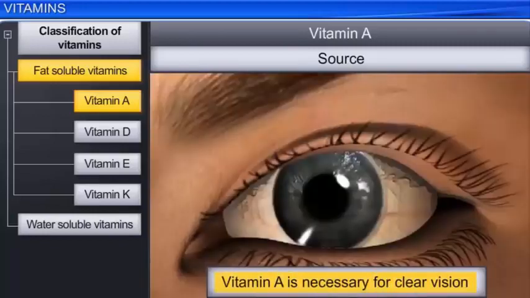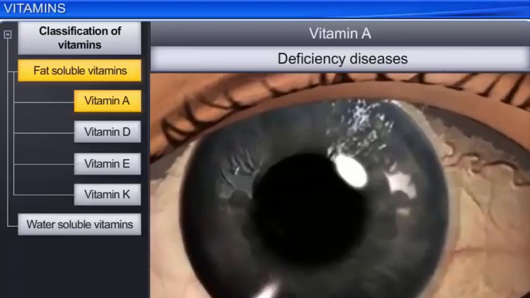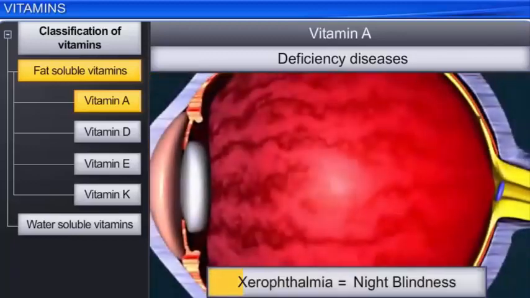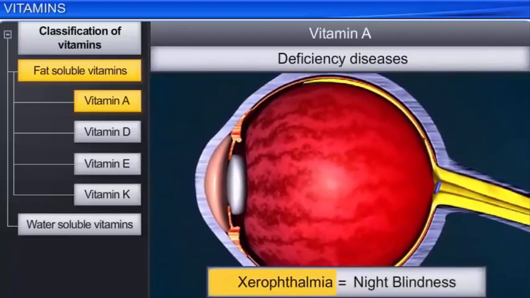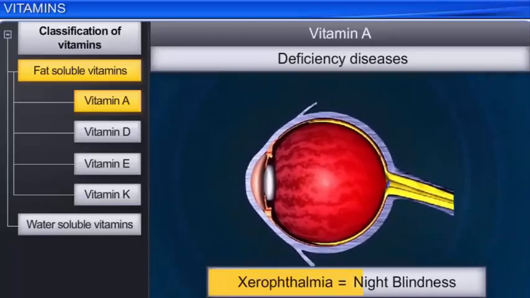The deficiency of vitamin A leads to xerophthalmia, that is, night blindness, in which the central portion of the eye, the cornea, becomes opaque and soft. Images of xerophthalmia are quite disturbing.